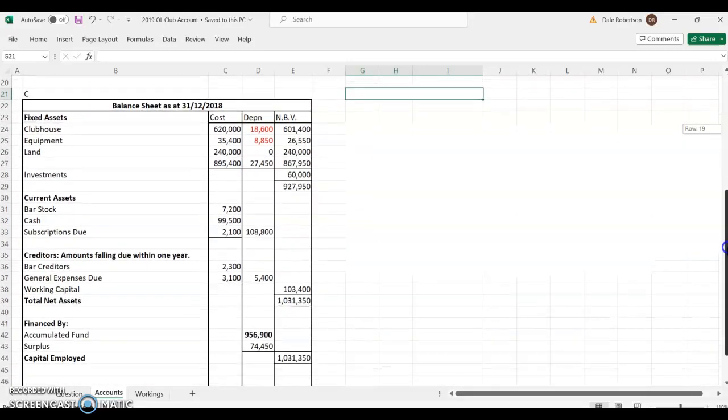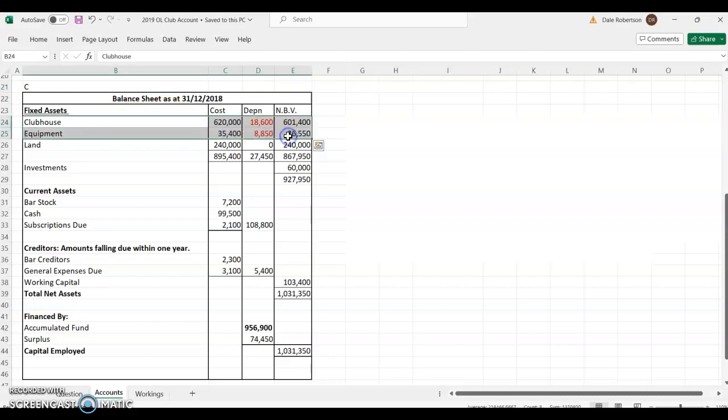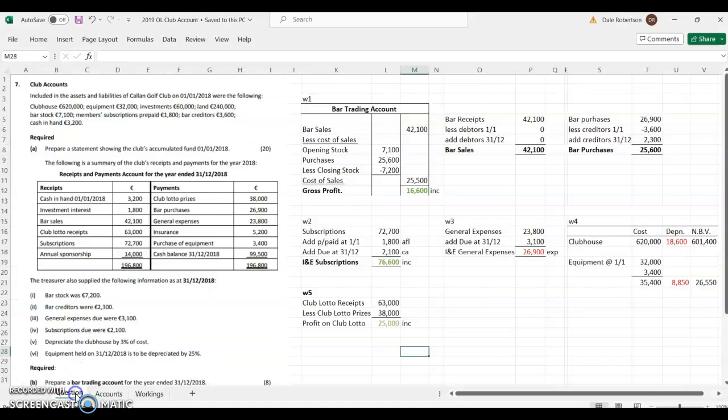Finally, the balance sheet. Well, the balance sheet is the statement of assets and liabilities at the end of the year. So these first 2 were kind of done for us in the way we did the workings. So we had the clubhouse and the equipment both directly. We can just lift those numbers in as we describe them.